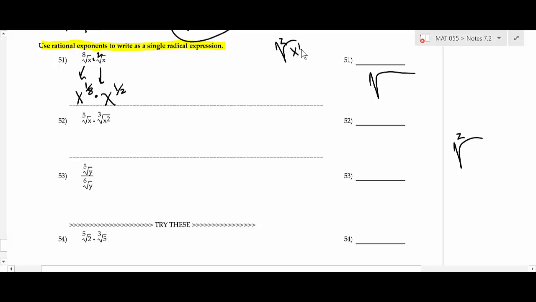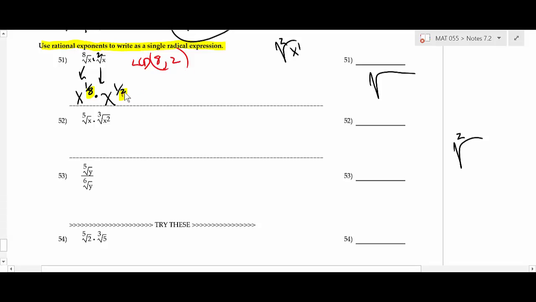Now your goal is to get this in one radical. So the only way you're going to do that is to make these denominators the same. If you do, then you can put it back under one radical. So what you need to do is figure out the least common denominator of 8 and 2. So what is that? That's 8, right? 2 goes into 8 and 8 goes into 8.